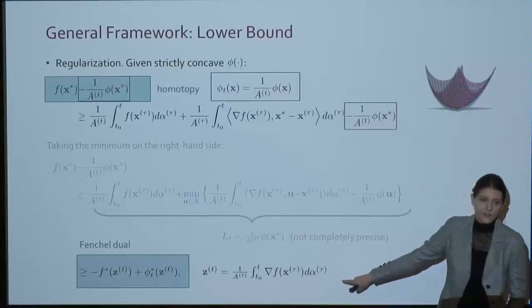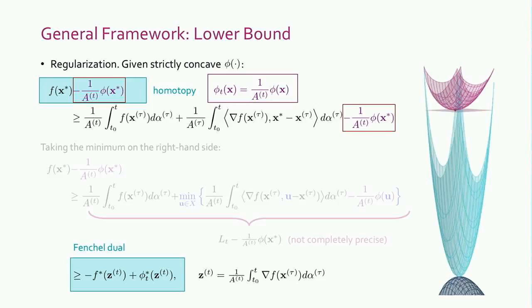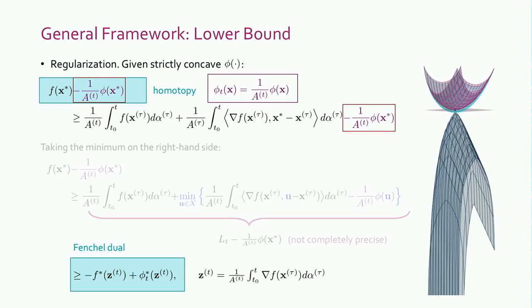And it is evaluated at the average gradient, which has this notion of a dual solution. So what we're really doing when we're constructing this lower bound is that we replace our original function, this pink function, by this blue-green function. And we track the dual of this composite function. So over time, this dual becomes closer to the dual of our original function.